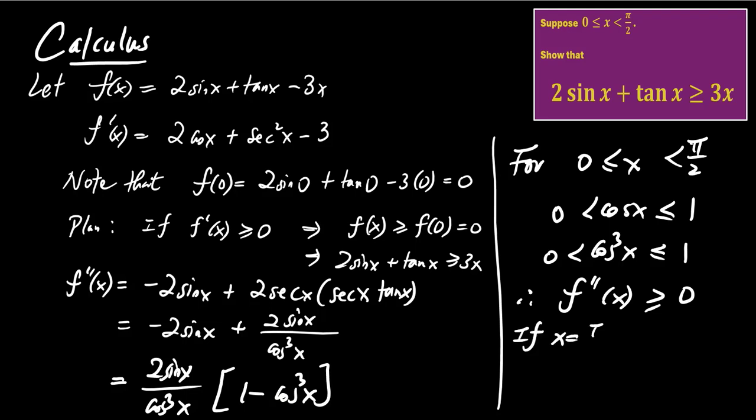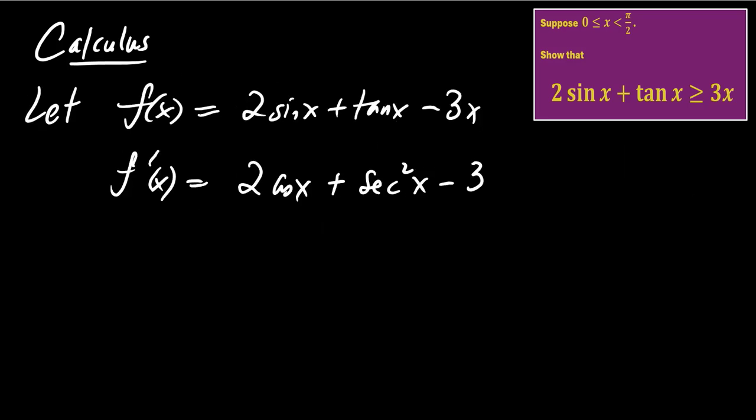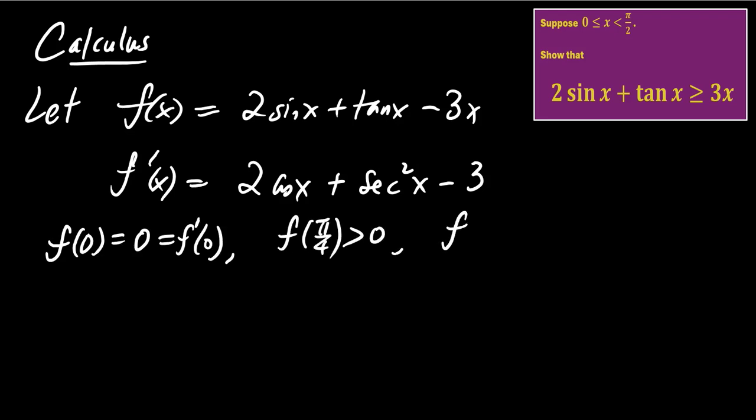We can check for a particular x. If x equals pi over 4, then f(x) is root 2 plus 1 minus 3 pi over 4. By direct calculation, this is positive. With all this information, f(0) equals 0, f(pi over 4) is positive, and f double prime x is always greater than or equal to 0 for all x in between 0 and pi over 2.